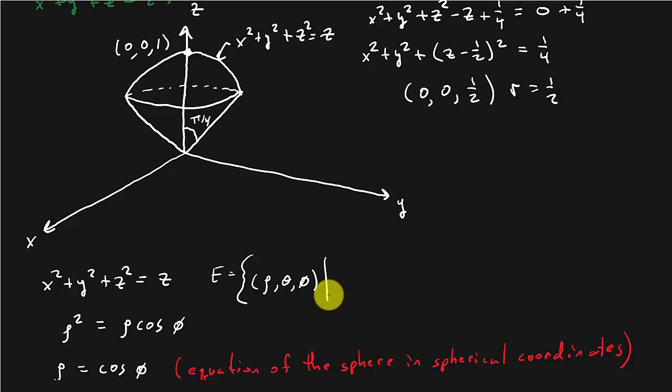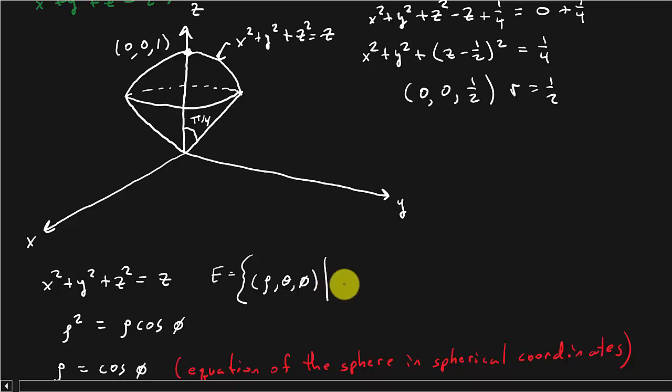The first one I'm going to set up is theta, because we'll do it d rho d phi d theta. Theta is the angle going this way, so you can see we're going all the way around. So that's going from 0 to 2 pi. And then I'm going to set up phi. Phi is going from 0 to pi over 4.